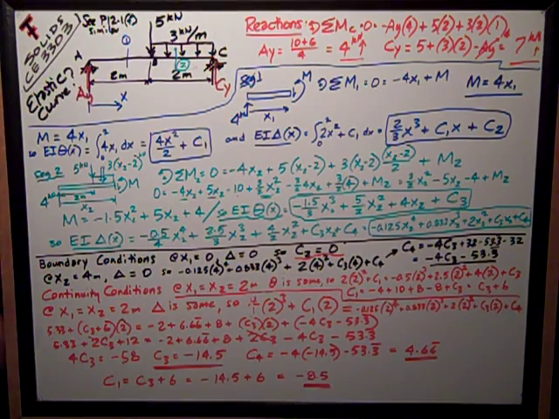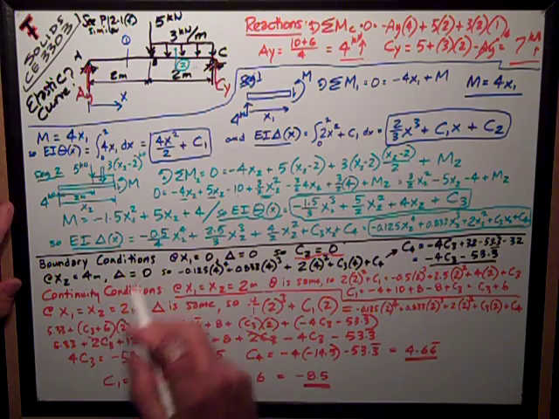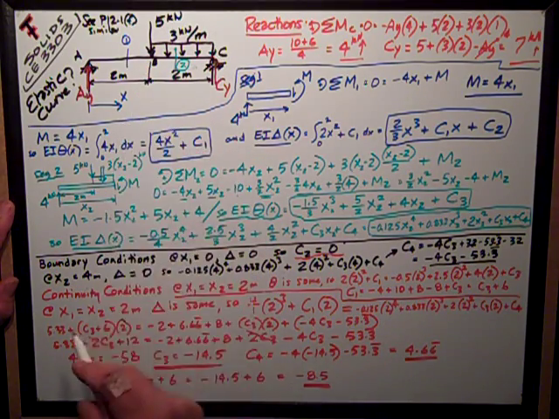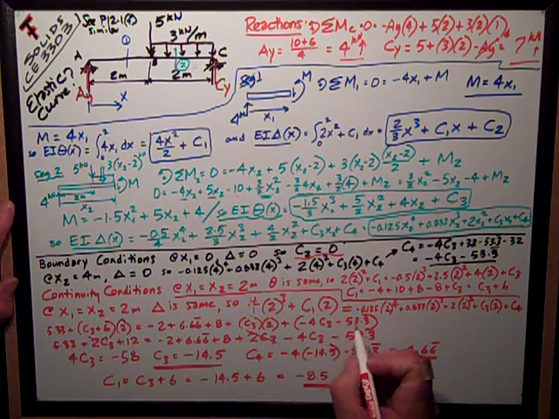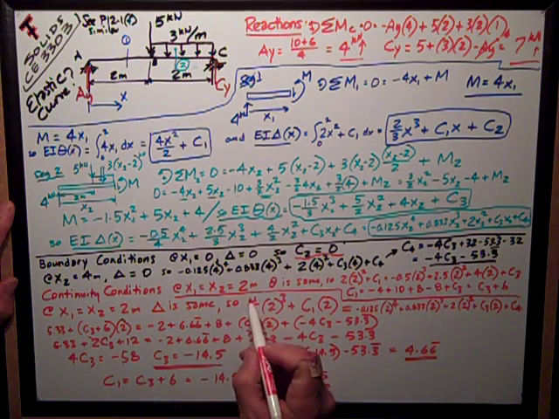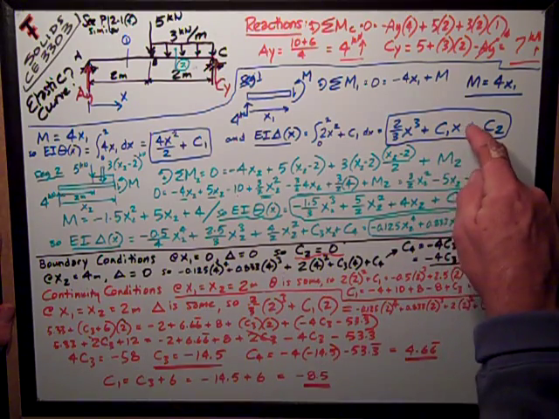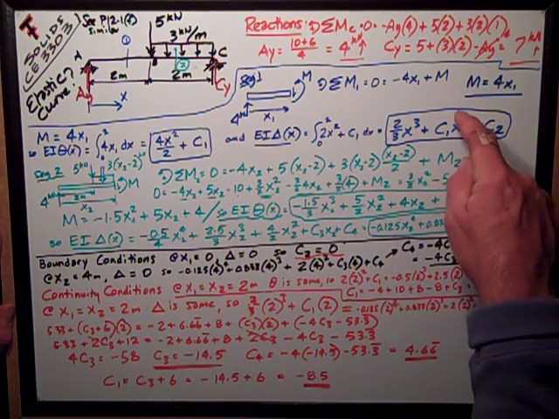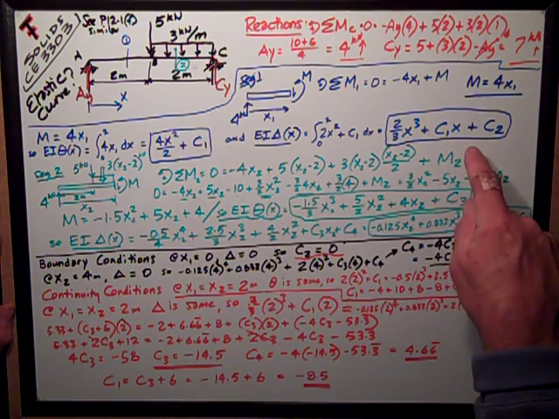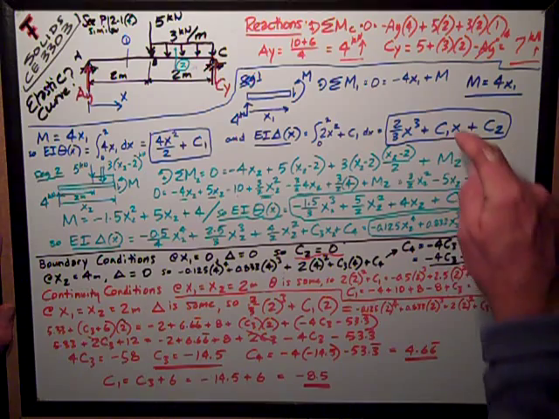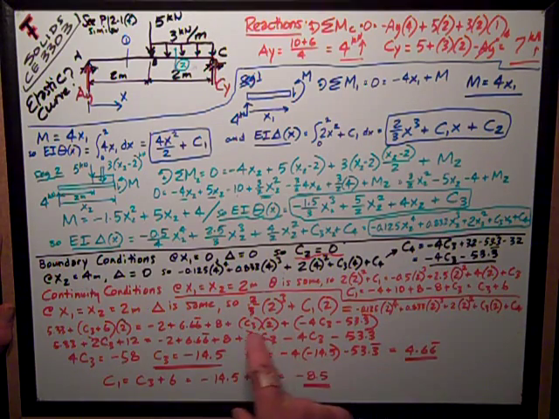So the other continuity condition I have is that the deflection at that point x equals 2 is the same from either equation. Kind of obliterated some of my numbers there. Okay, so now I just want to take these two equations for deflection, or my elastic curve equations, and substitute in x equals 2 into those two and set them equal to each other, this one and this one.